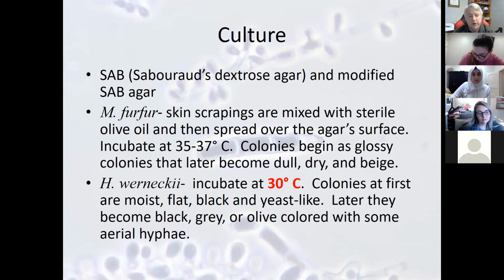If you use skin scraping mixed with sterile olive oil and spread it over the agar surface for furfur, the colonies begin as glossy colonies, and then they become dull, dry, beige. For Hortea werneckii, incubate at a slightly lower temperature, 30 degrees. Colonies are at first moist, flat, black, and yeast-like. Later they become black, gray, olive-colored with some aerial hyphae.